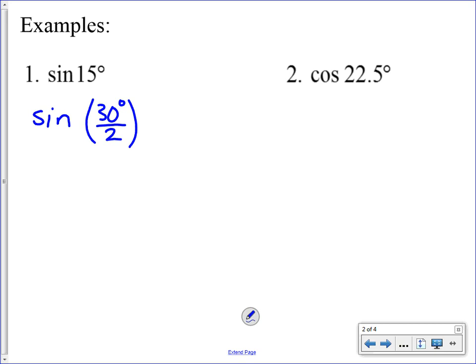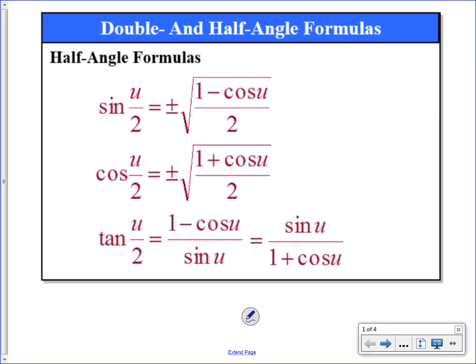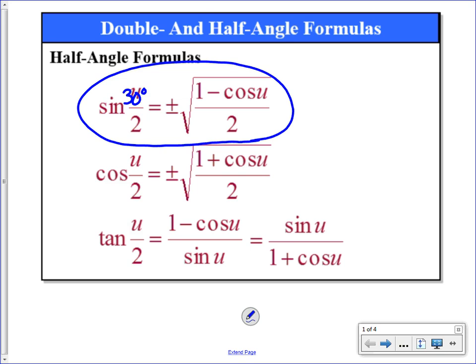So in this case, U is equal to 30. If you go back to your formula sheet, we're going to use this formula where U is equal to 30, so we'll just plug in 30 here for U.